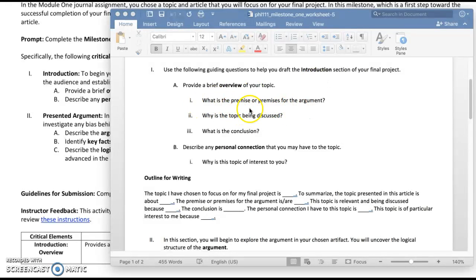First thing is you need to give me the premises of the argument. So that's the main argument that we've been talking about in your journal already. Why is the topic being discussed? And you need to absolutely give me the conclusion. And then the personal connection, I've noticed that students tend to be a little one-sided in this. So for example, the online versus the offline dating.